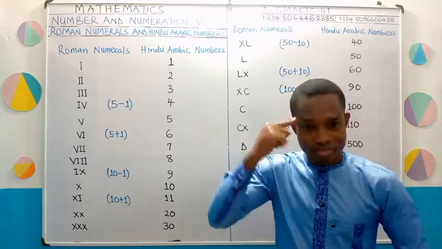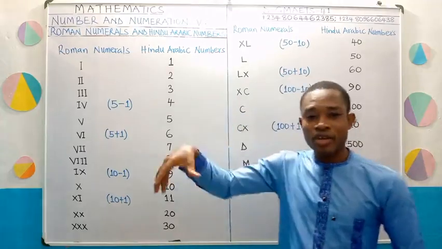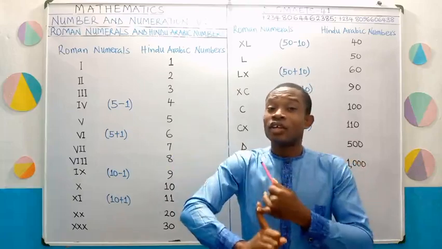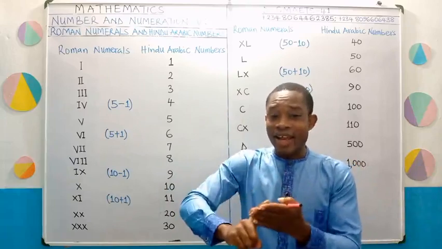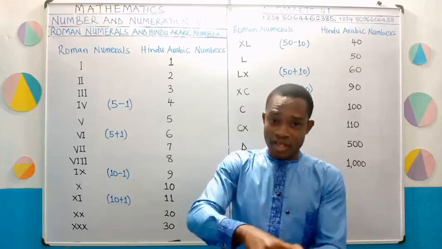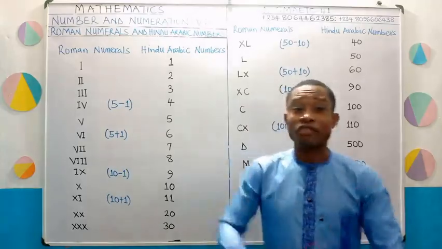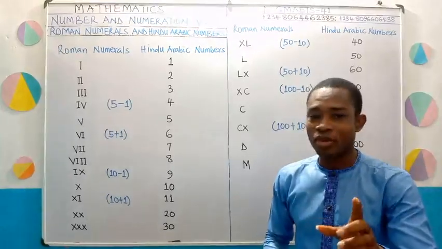You just have to memorize them, cram them together with the fundamental principles, alright? Those ones I told you earlier, that is I, V, X, L, then we have C, D, and M. Those ones also you have to memorize them. I've shown you from 1 to 10, you just have to memorize them.